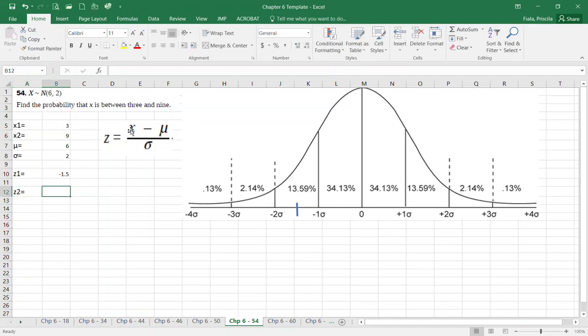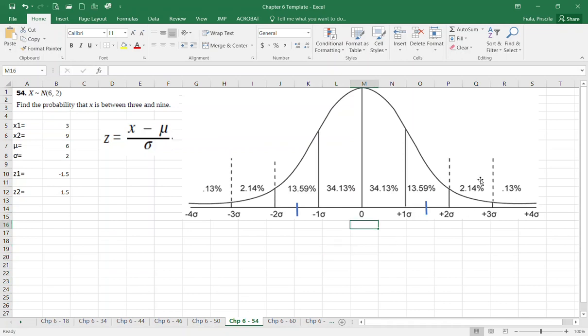So now we're calculating this one right here, equals x minus the same mean divided by the standard deviation. Oh, look at that. We got a positive 1.5. So z1 is right here, minus 1.5, and then positive 1.5 is above the mean.